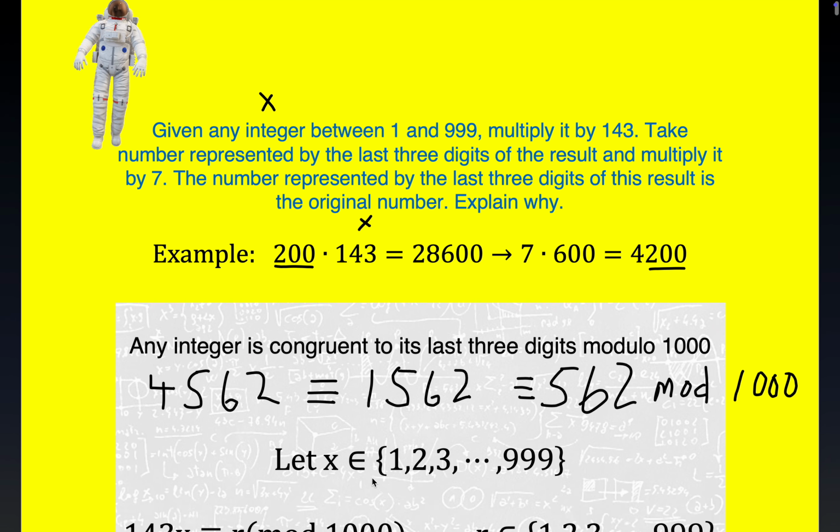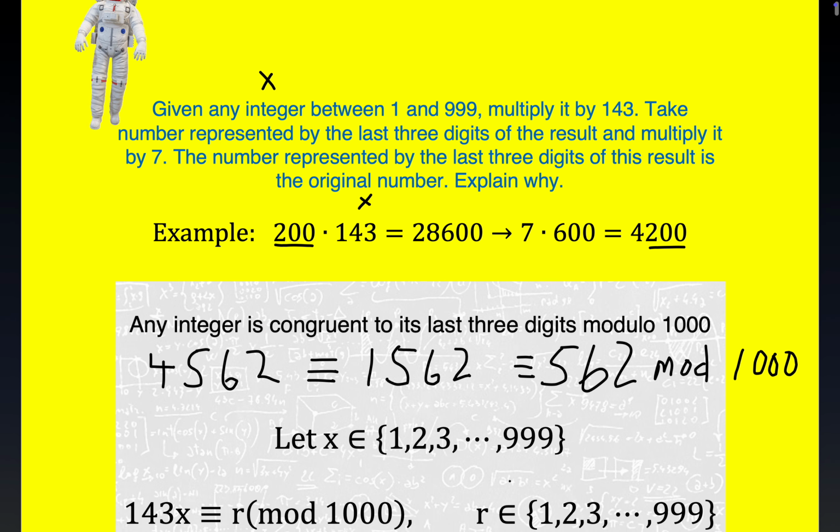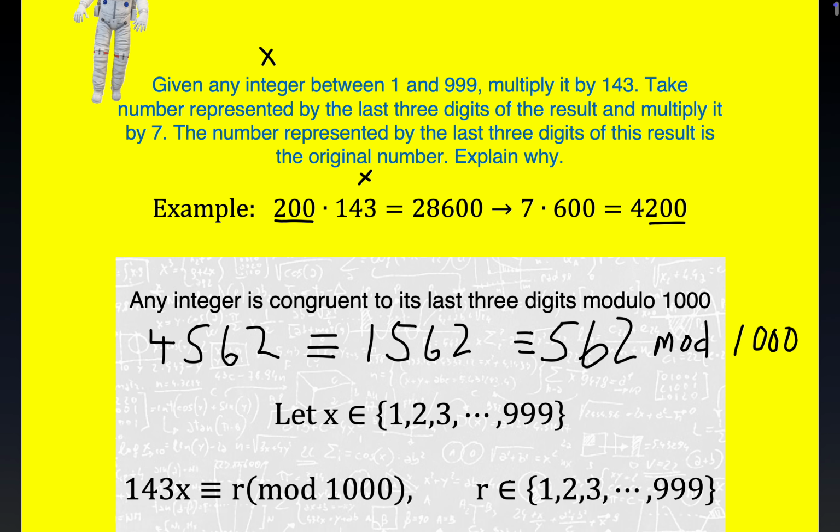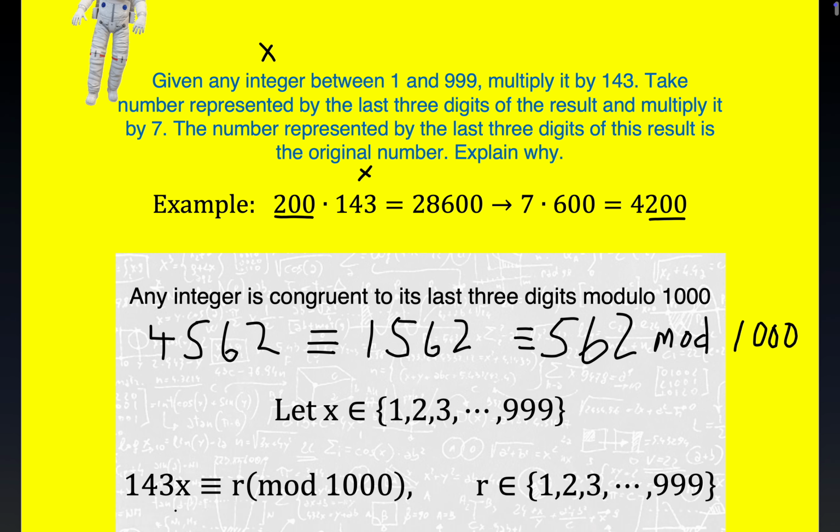Now, say x is an integer in the set from 1 to 999. Some people like to write x between 1 and 999, but this is very explicit. Between is a little ambiguous sometimes. So here's what it says, and this is a direct translation. I took 143 and multiplied it by x.